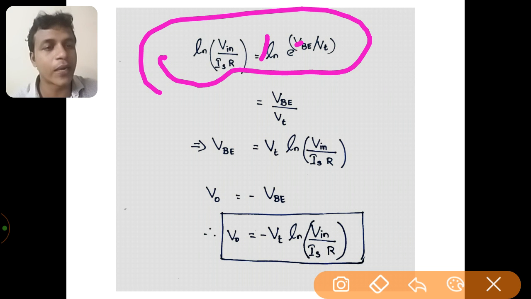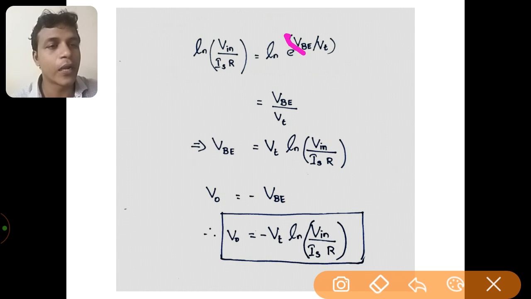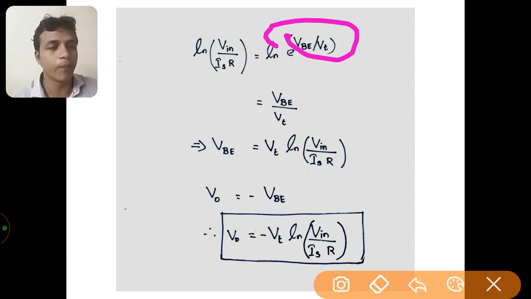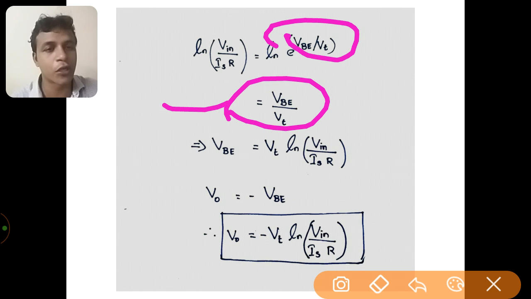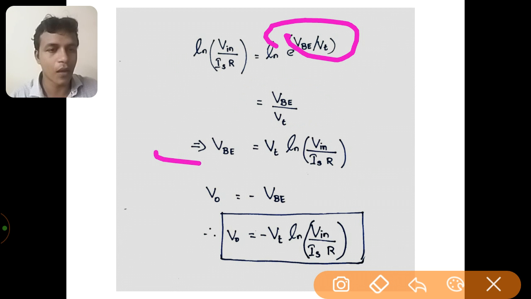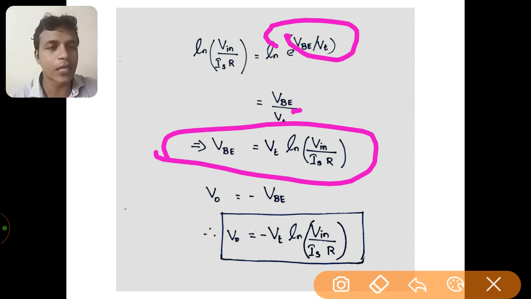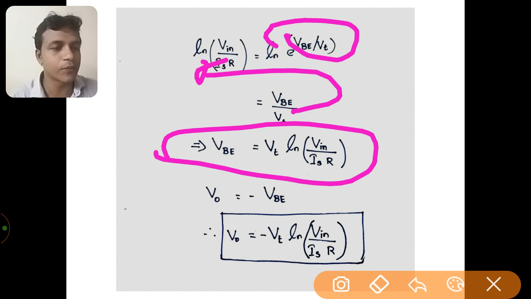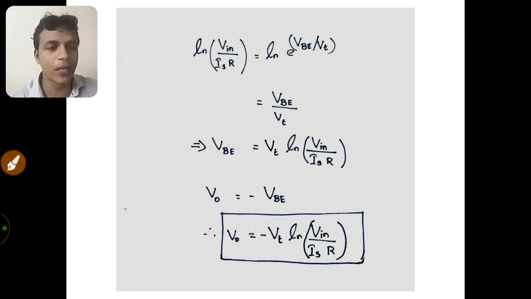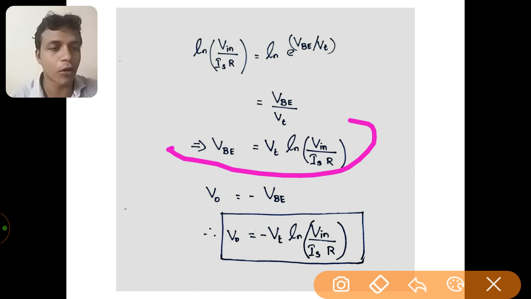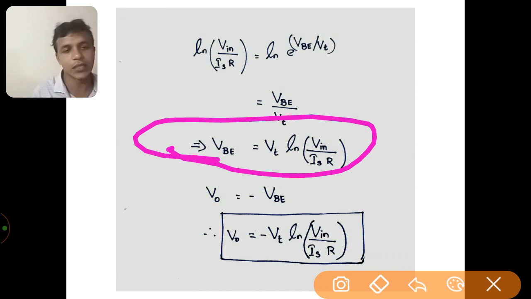The natural logarithm and the exponent cancel, so VBE by VT is equal to natural logarithm of V in divided by IS into R. Then, taking the thermal voltage to the other side, we have VBE equal to VT into natural logarithm of V in divided by IS into R. So we have derived the equation for the base emitter voltage.